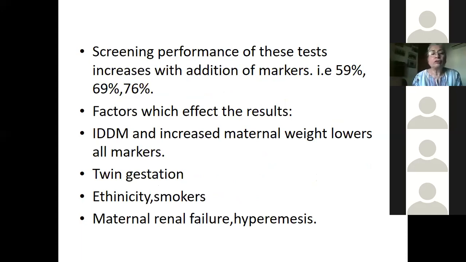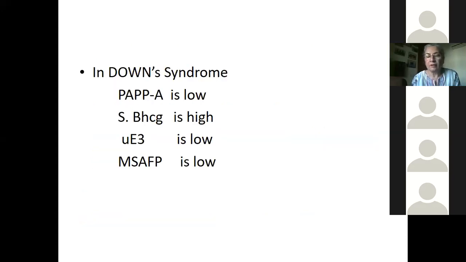Then we should make sure that she's not carrying twins, because if she's carrying twins, the amount of hormones is twice, so the test would change, and that she doesn't have any other problems that affect the test, and then you do it.